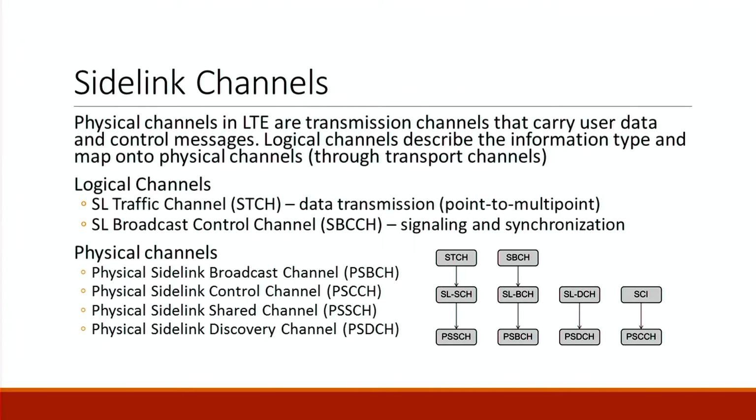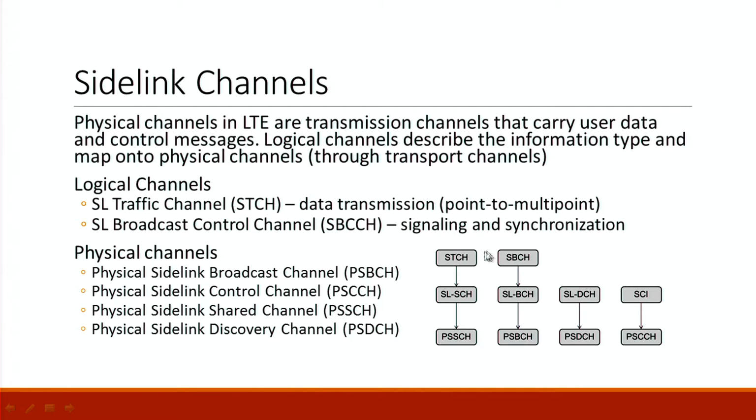The standard provides for two new logical channels called the side-link traffic channel, SL traffic channel, where you send the data, and the SL broadcast control channel, the side-link broadcast control channel, SBCCH, where you send signaling and synchronization.